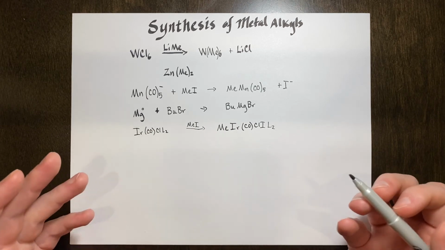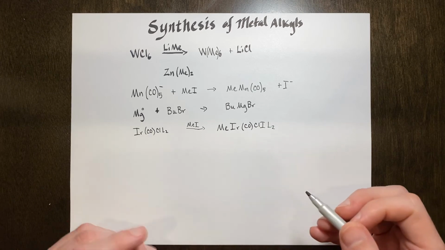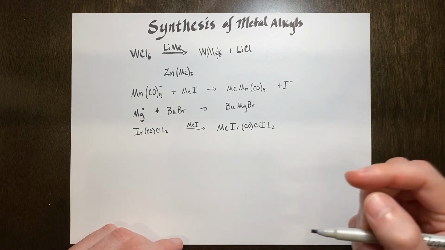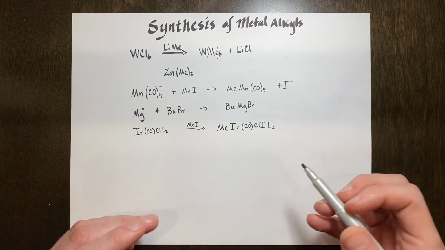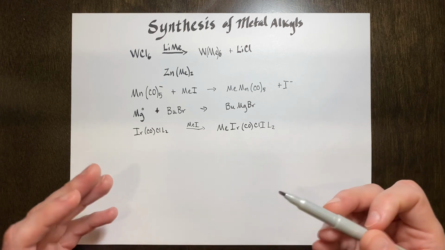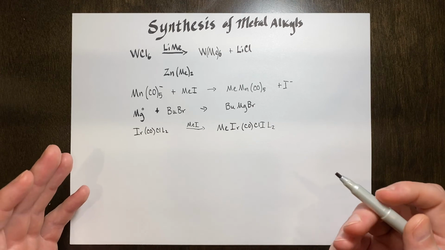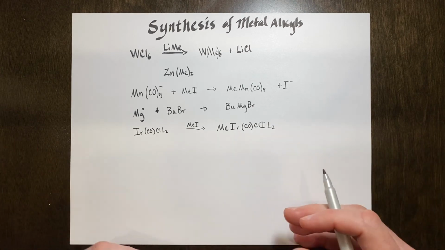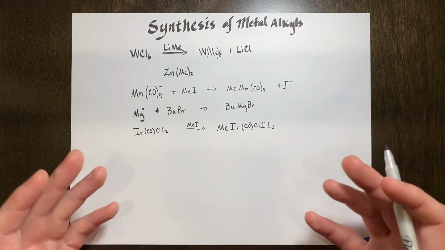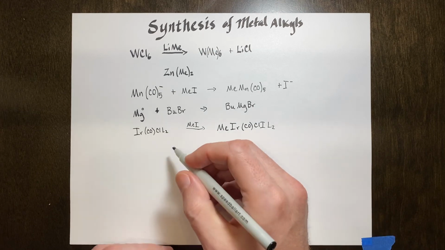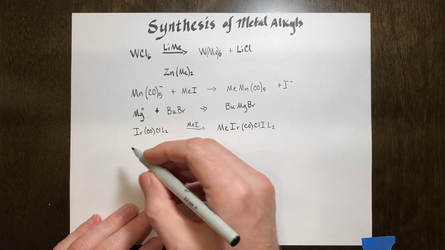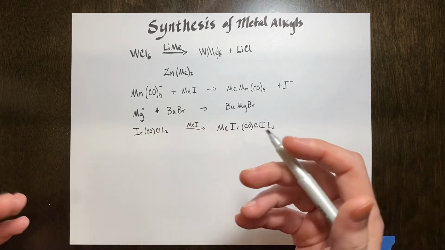And surprisingly enough, in some cases, we can actually go backwards from a beta hydride elimination to actually make a metal alkyl. It's possible to go both directions in some cases. So here's how that scheme works. This is called insertion. In fact, it's 1,2 insertion.